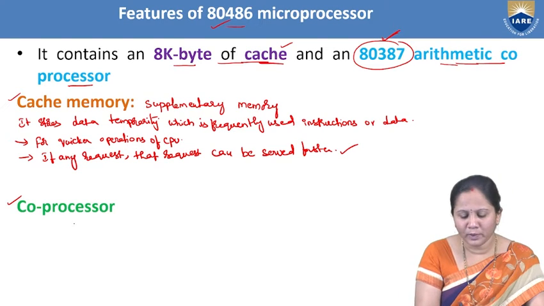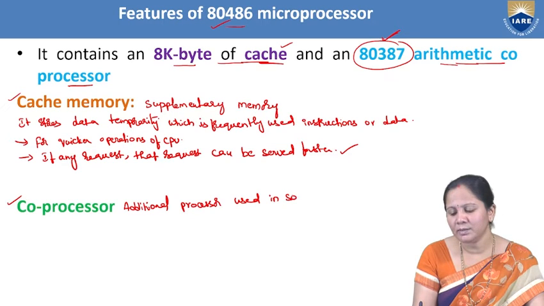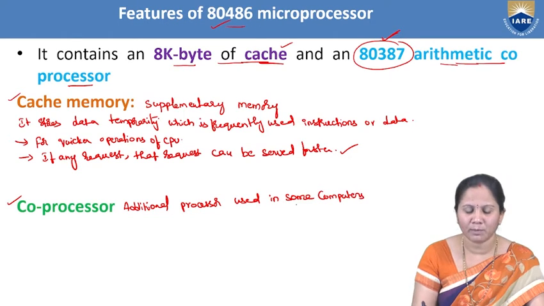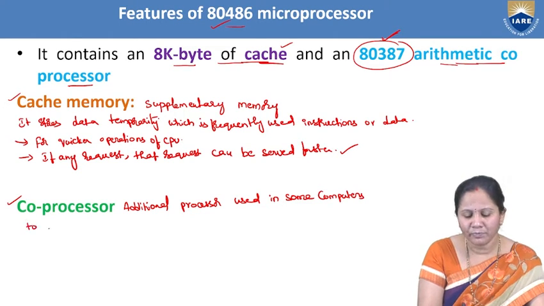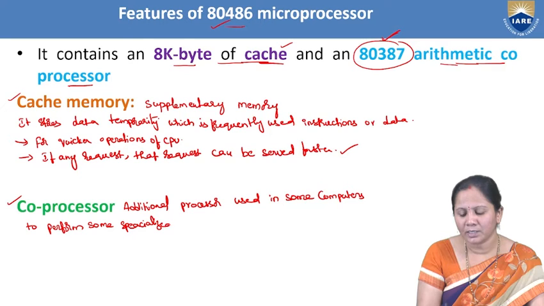So here coprocessor means it is an additional processor used in some computers to perform some specialized tasks. What are the specialized tasks?